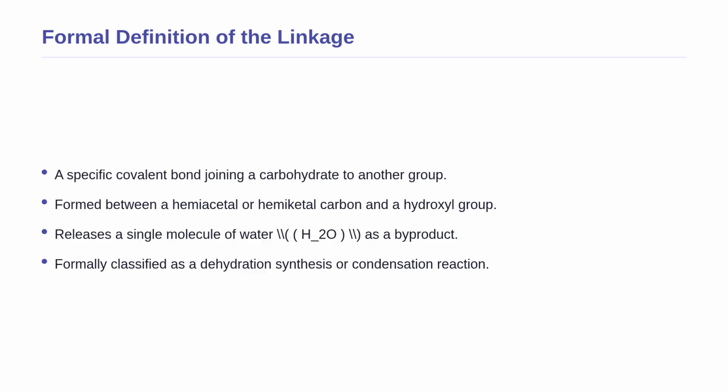Because this chemical reaction releases a single molecule of water as a byproduct, it is formally classified as a dehydration synthesis or a condensation reaction. It is the fundamental bridge that allows tiny sugar molecules to join hands.